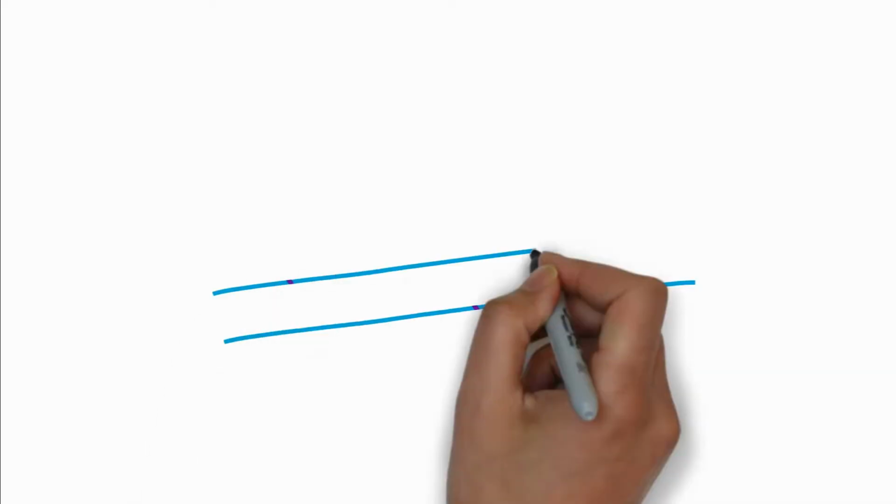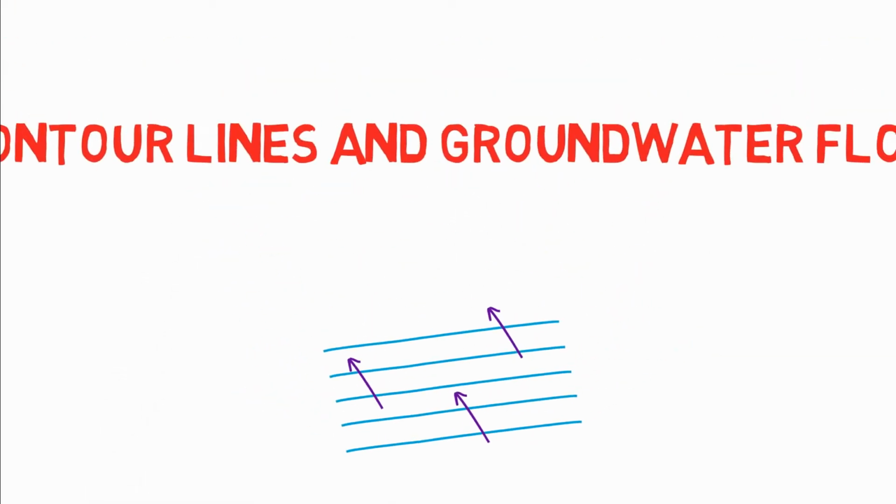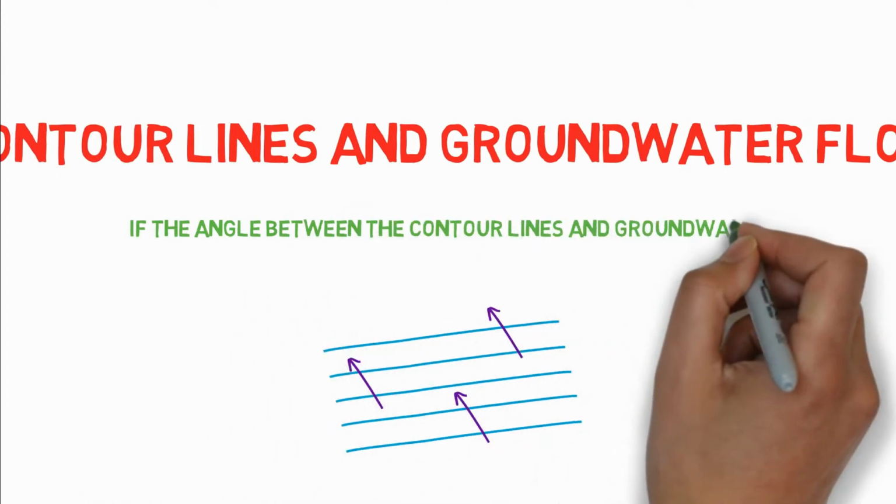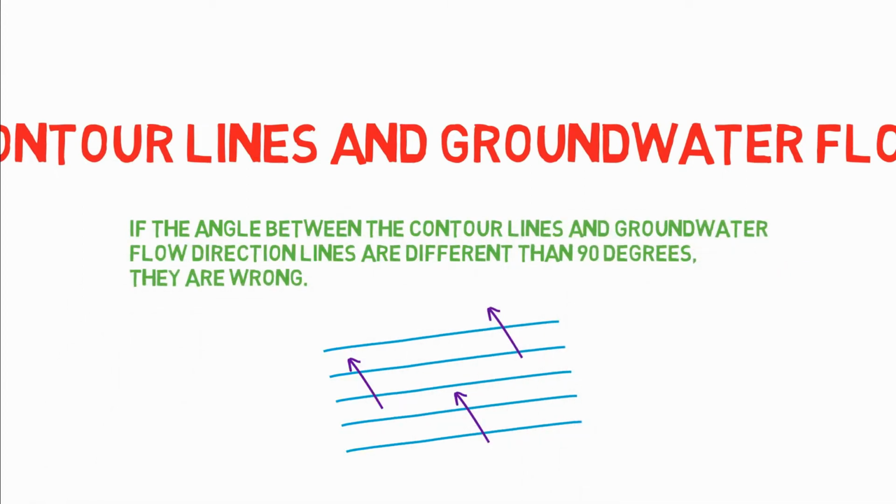1. Contour lines and groundwater flow direction lines are not perpendicular. If the angle between the contour lines and the groundwater flow direction lines is different than 90 degrees, they are wrong.